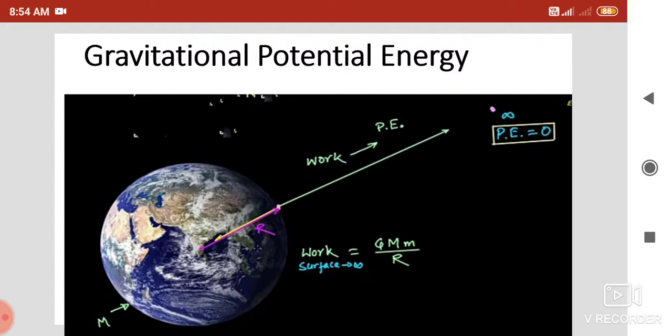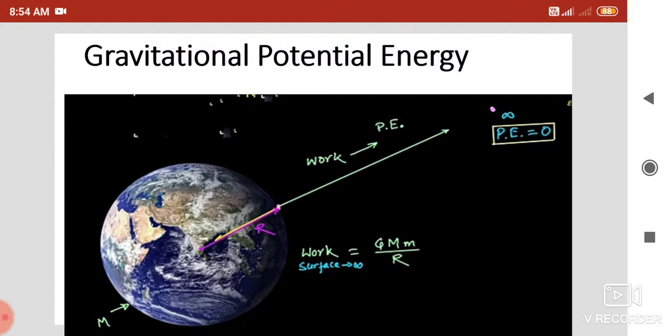It means at infinite distance from the surface of the earth, the object has potential energy zero. If you bring the object back, it gets some energy.